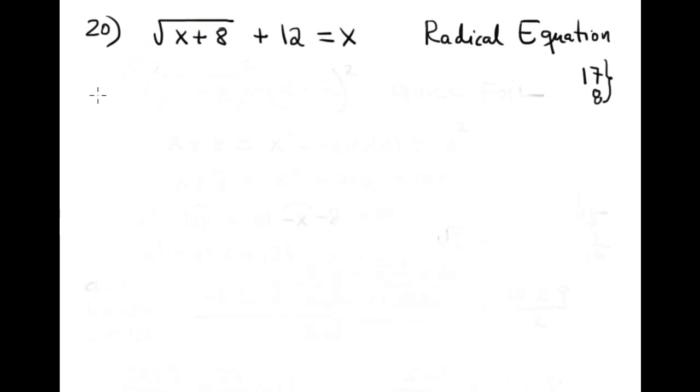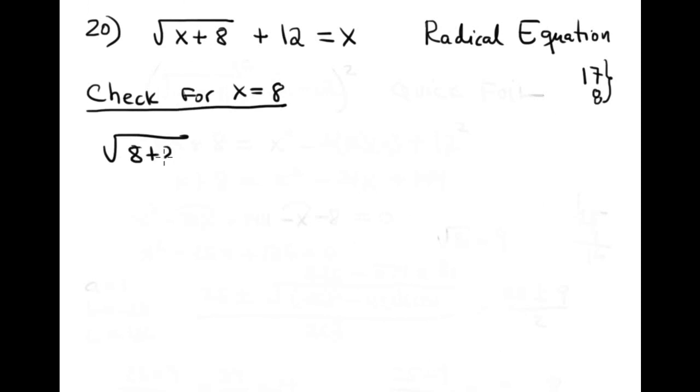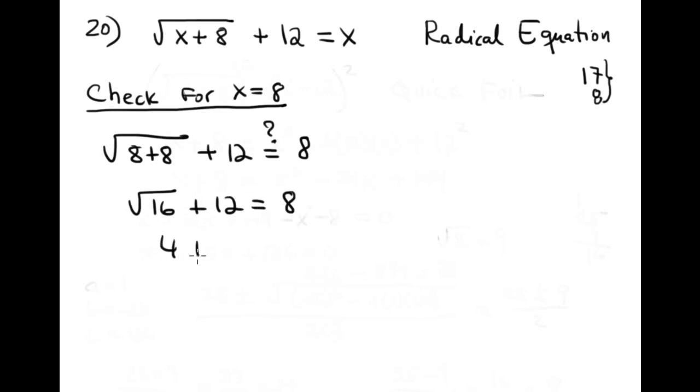Check it for x equals 8. That's the first one. This is the square root of 8 plus 8, plus 12, should be equal to 8. 8 plus 8 is 16. Square root of 16 is 4.